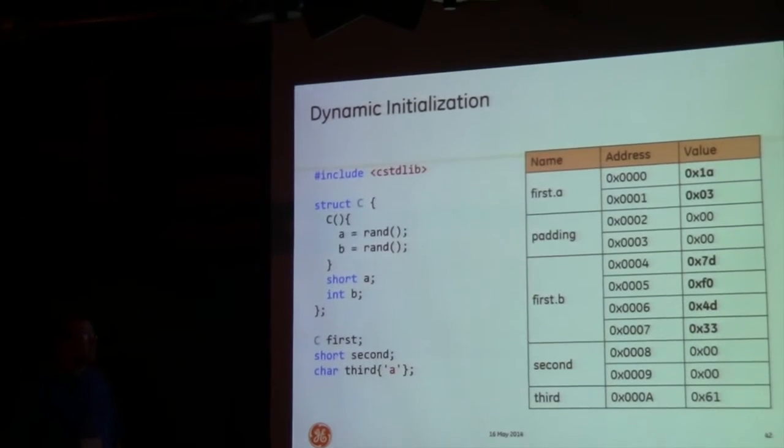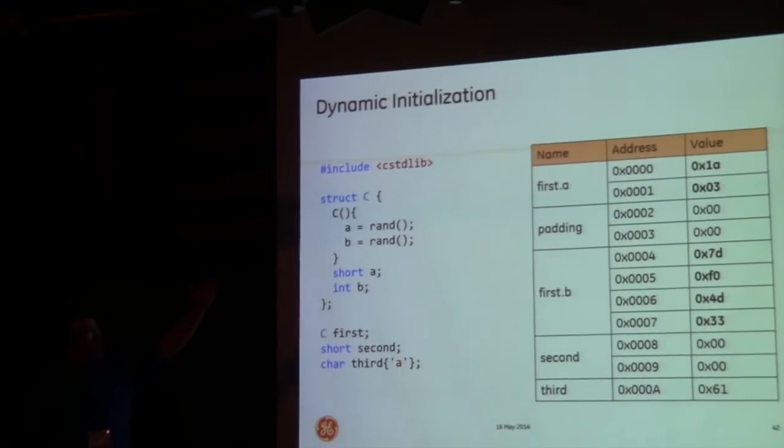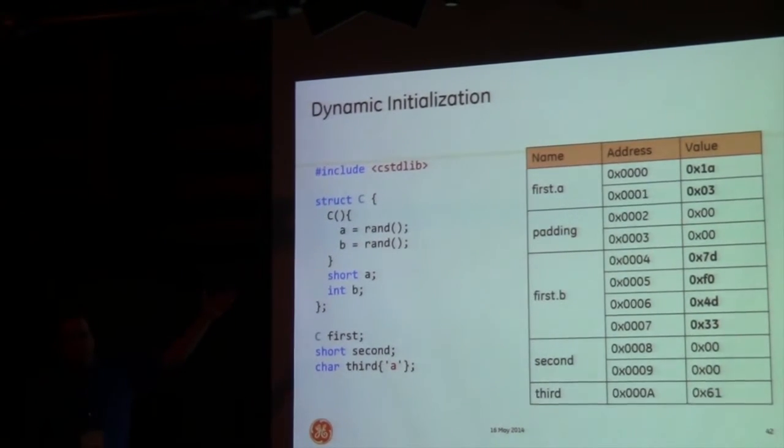I've got a short, I've got an int. The short gets whatever that value is. The padding gets left as 0, hopefully. And then the integer gets assigned another random value.